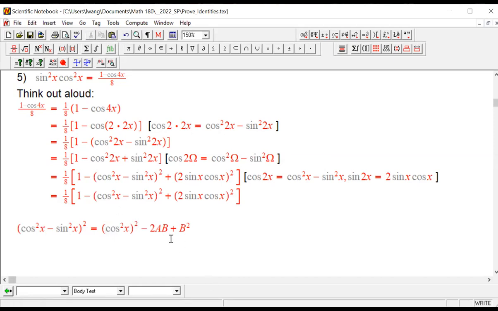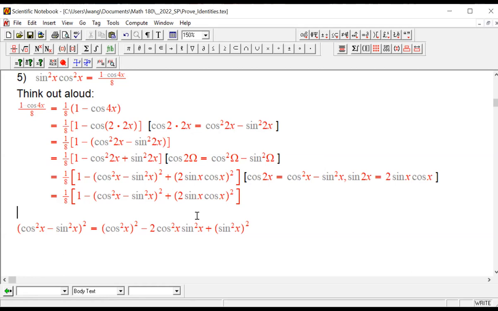So everywhere A will be replaced by cosine square x. B is sine square x, so everywhere B will be replaced by sine square x. Do you follow me?